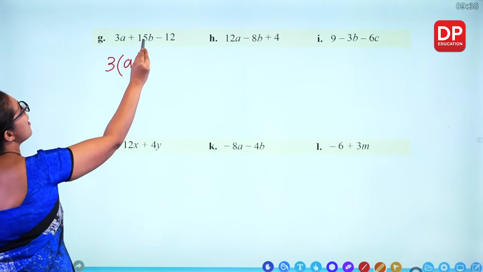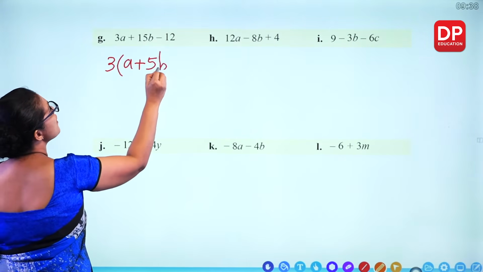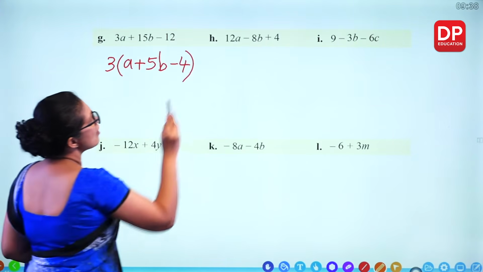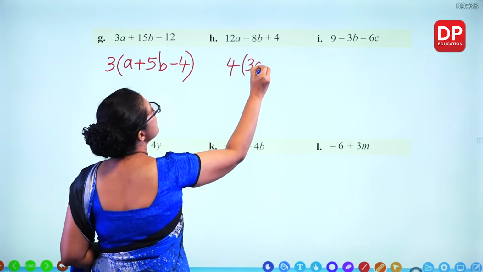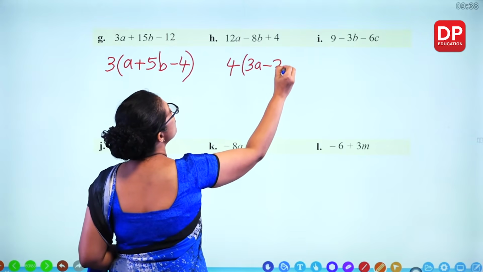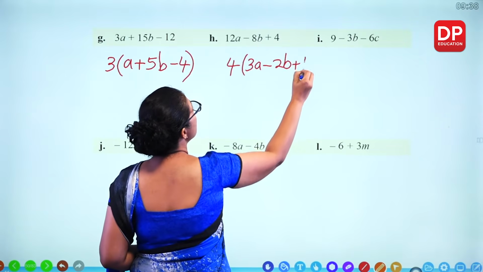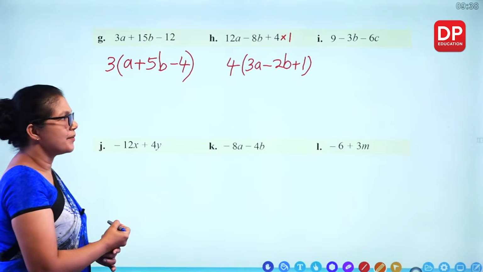The remaining part, you write inside brackets. 3 times 5, so you get 5b, 3 times 4. 12 minus 8, 4. 4 is common. 3a minus 2b plus 1, because I can write this one as 4 times 1.